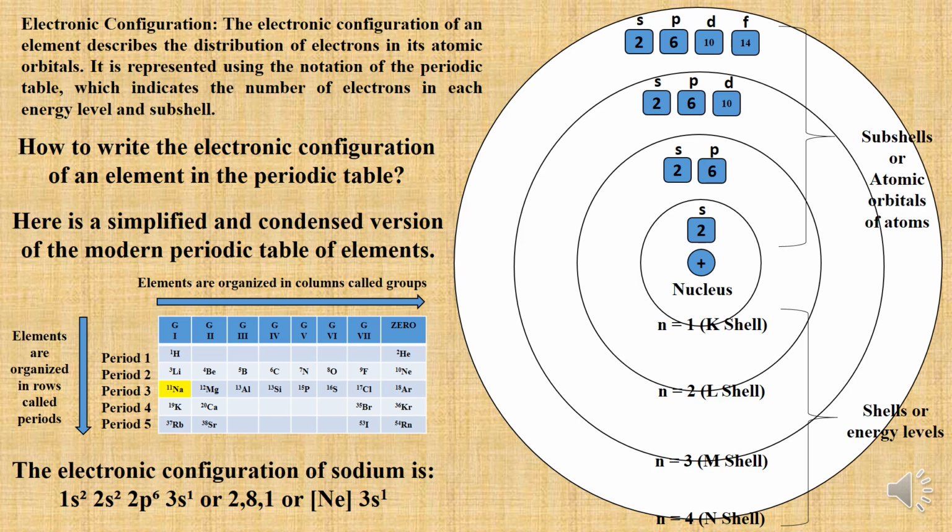The electronic configuration of sodium is written as 1s2, 2s2, 2p6, 3s1, or it can also be represented by a shorthand notation, that is 2, 8, 1, or you can mention the symbol of the inert gas neon within the square brackets, followed by the valence electron in the third energy level as 3s1.